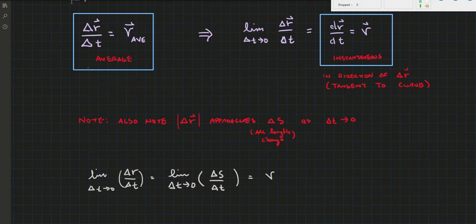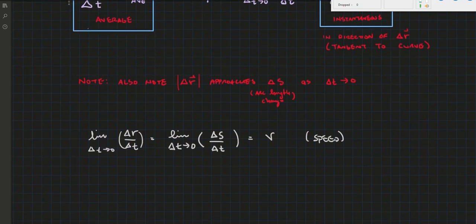And we call this the speed scalar. And that equals ds/dt equals v. Not a vector there.